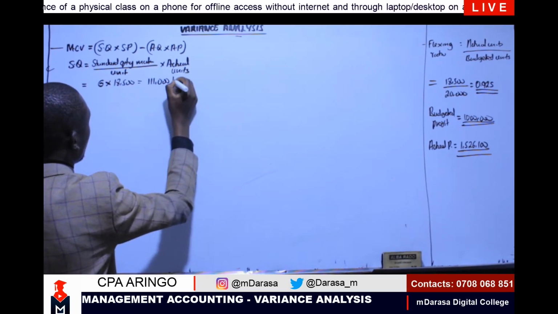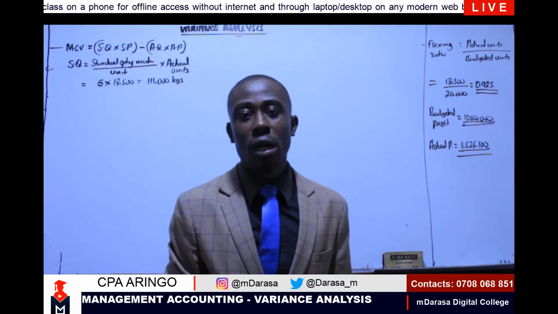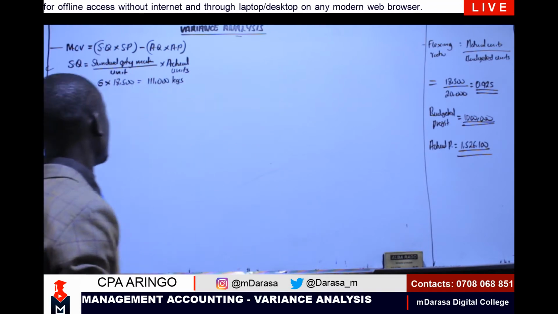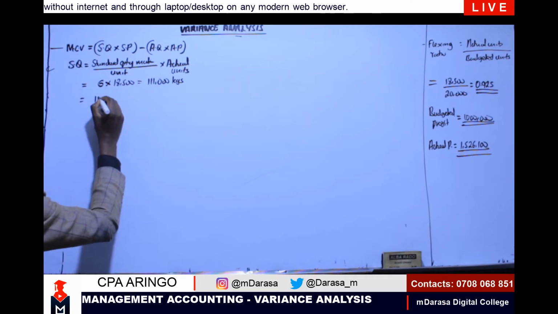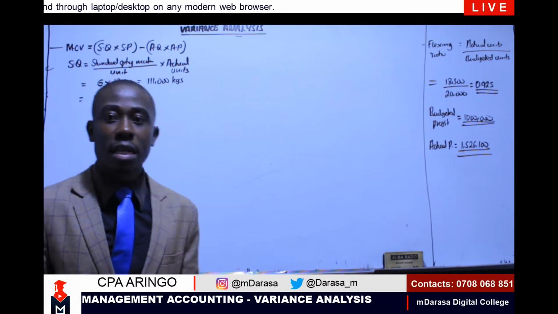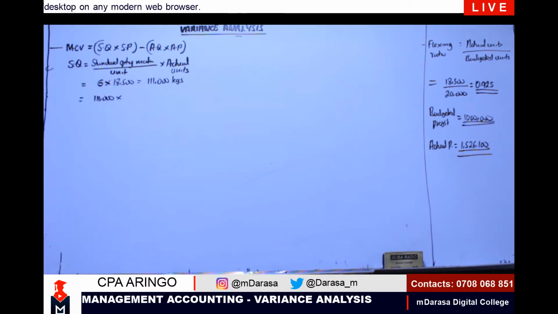So that should be our standard quantity. So therefore, to determine that, it should be 111,000 kgs times what? Times our standard price. How much had I budgeted to purchase each kg?